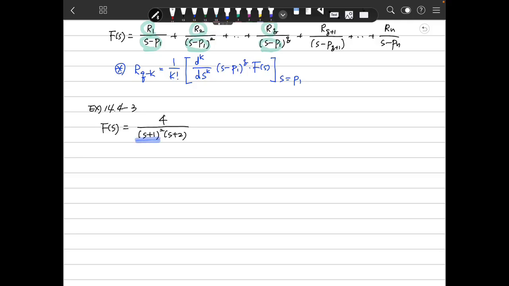The poles are at minus 1 and minus 2, but minus 1 is squared, so that means the repeated pole, a pole of second order.